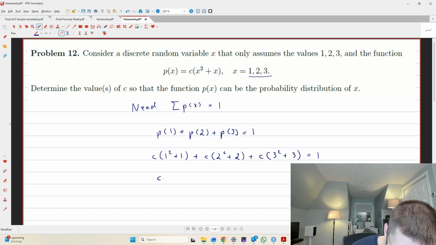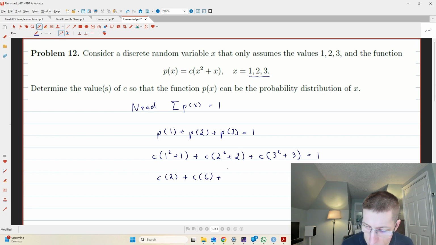And that means that if we simplify that, 1 squared plus 1 is 2. 2 squared plus 2 is 4 plus 2 is 6. And 3 squared plus 3 is 9 plus 3 is 12.